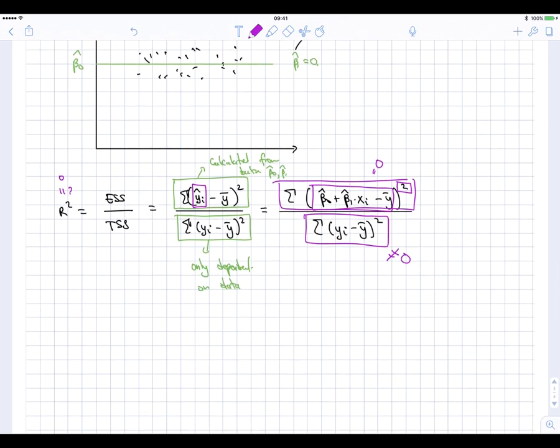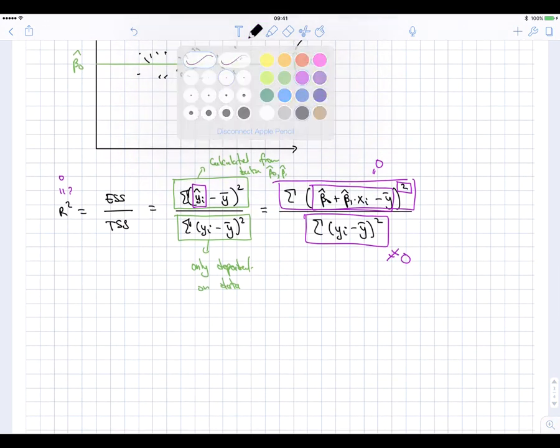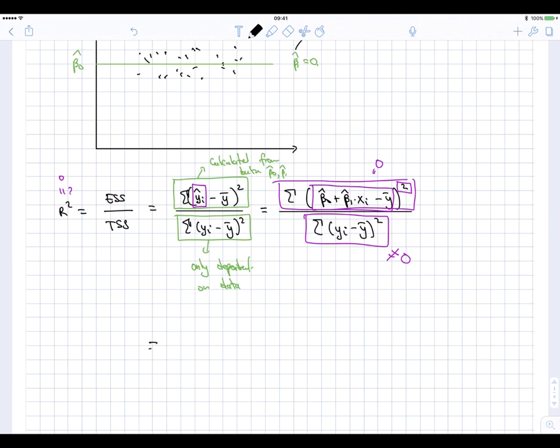Okay? Now, let me try and do it slightly using a couple of the mechanical properties. Well, I know that beta 1 hat is equal to 0. So really what I have is sum of beta 0 hat minus y bar squared over, let's just call it total sum of squares, so I don't have to rewrite the bottom part. Now, let me use another mechanical property.